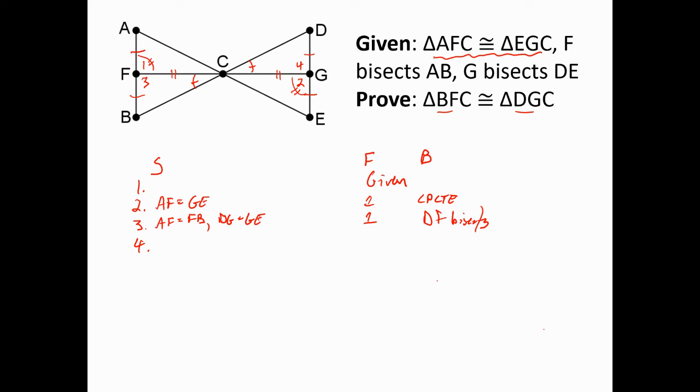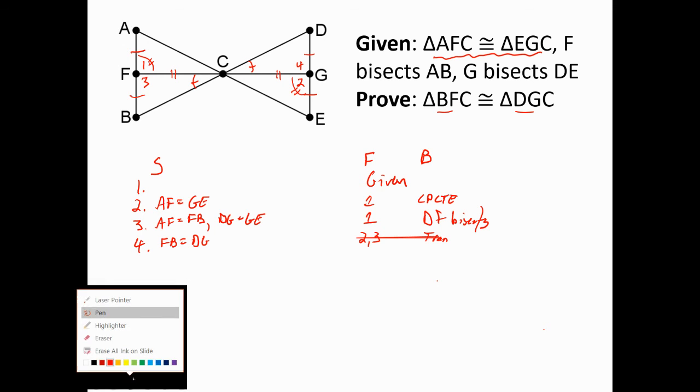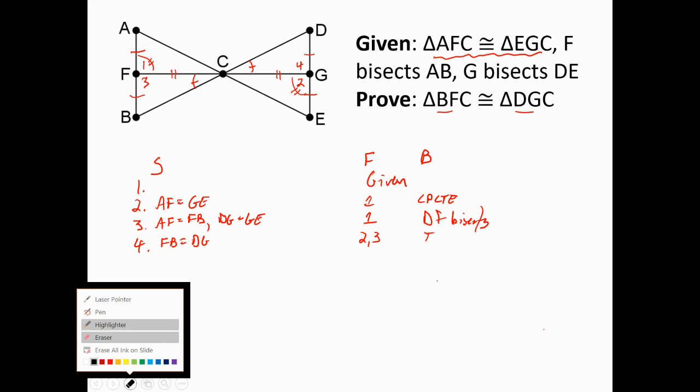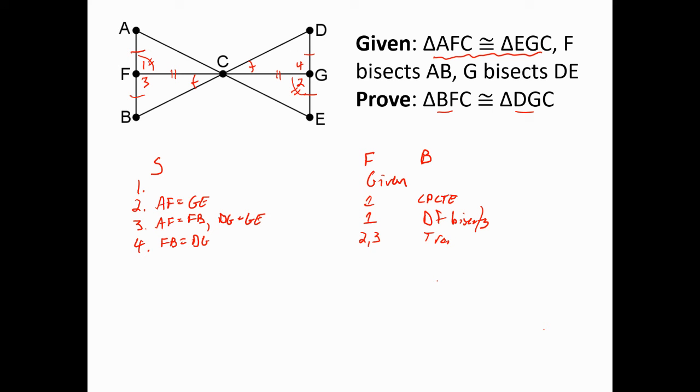If you put all of these together, it will follow that FB is equal to DG. And that follows from 2 and 3 by the transitivity of equality. Things equal to equal things are themselves equal. That's just what transitivity tells us. So that's the transitivity of equality.